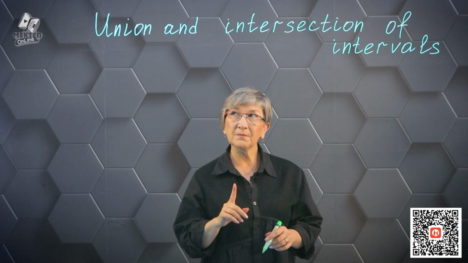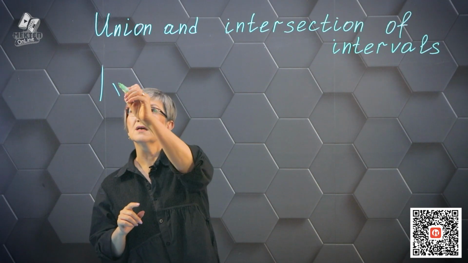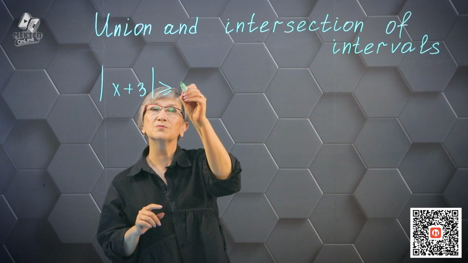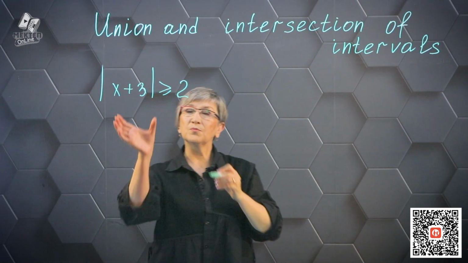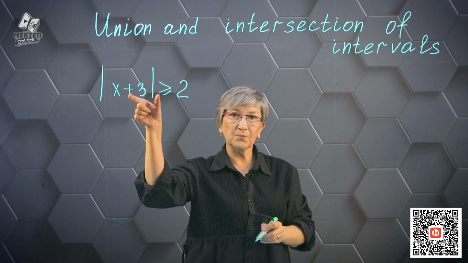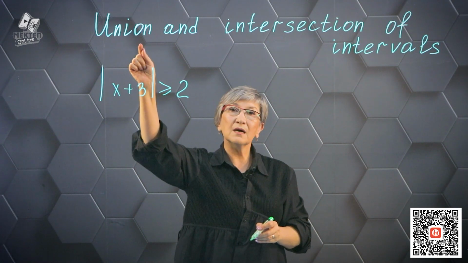For example, if I write down the following inequality, the absolute value of x plus 3 is greater than or equal to the number 2, then when we solve that inequality, which is written using an absolute value, we will apply the union of number spaces.